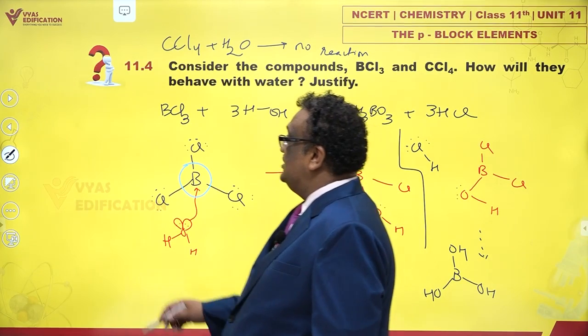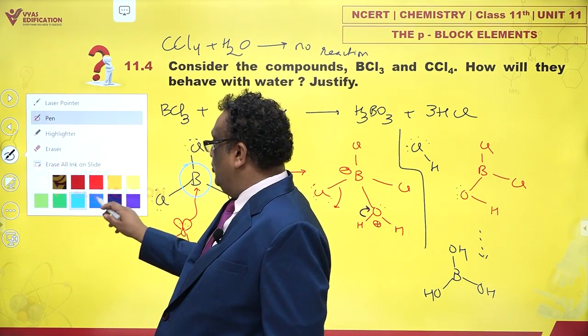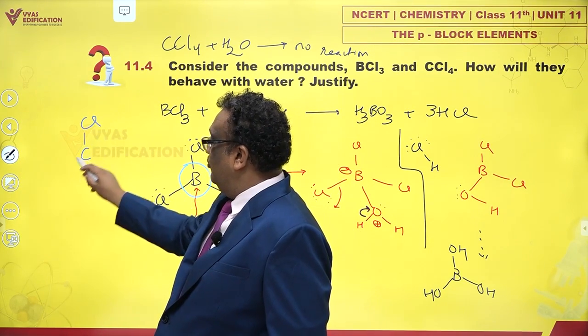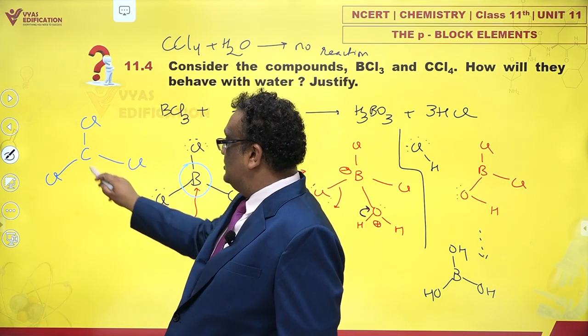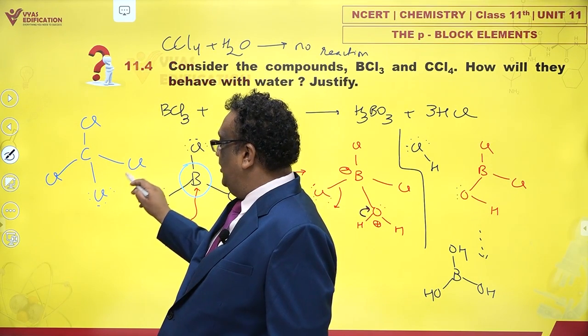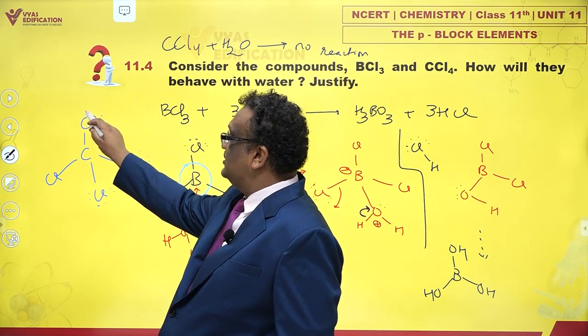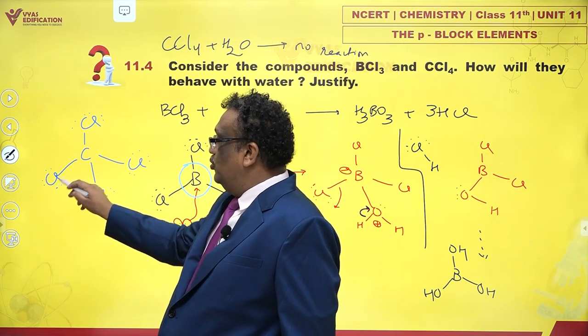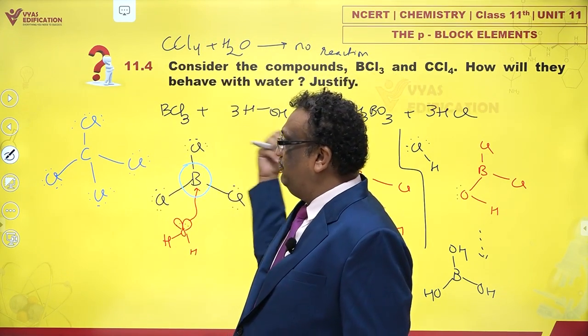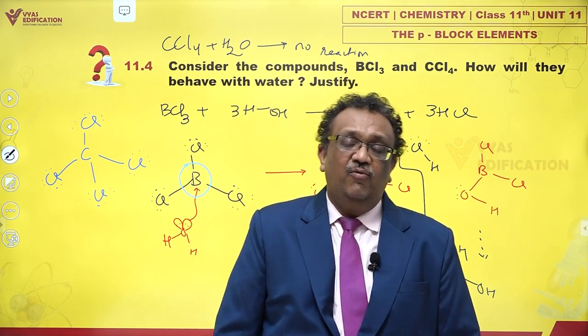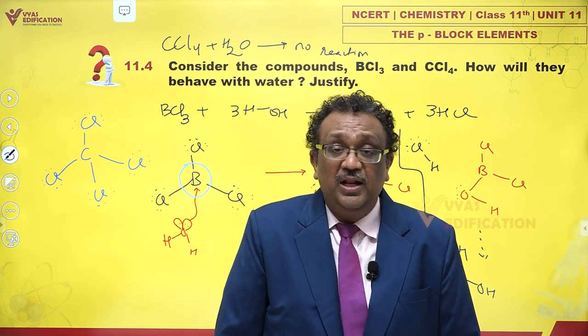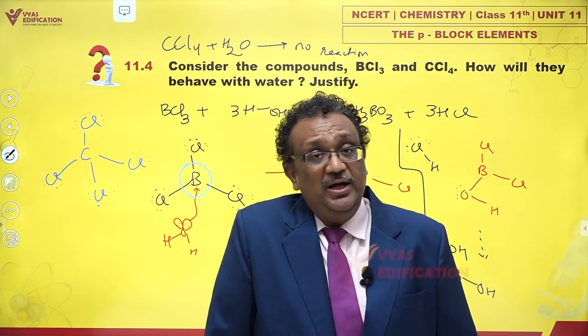If you consider CCl4, you would notice that both carbon and chlorine have complete octets. There is no place for carbon to accept a lone pair of electrons from water molecules. It is a second period element. Carbon also cannot expand its own octet.